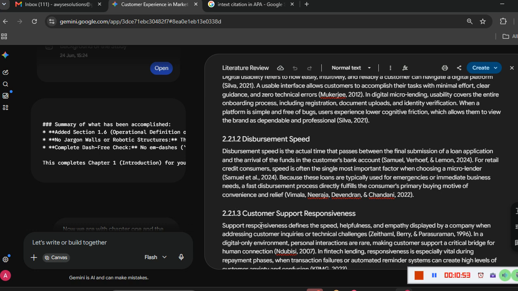So any study on customer experience will most likely have the disbursement speed. Because this case study is a loan complaint or a credit complaint, the disbursement speed may not be directly relating to loans in the journals that we download.